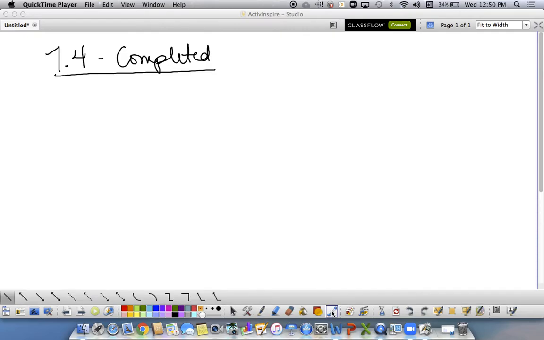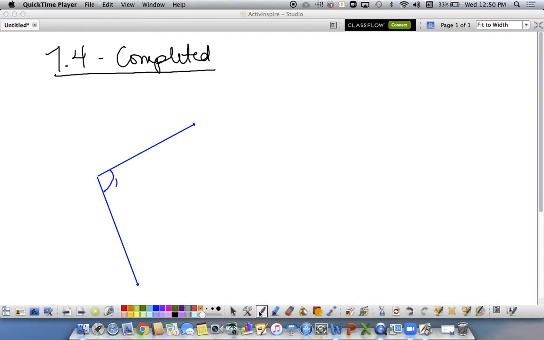Okay, so I've got two vectors. One has a force of 15 and the other 22. So we have 100 degrees between the two forces.